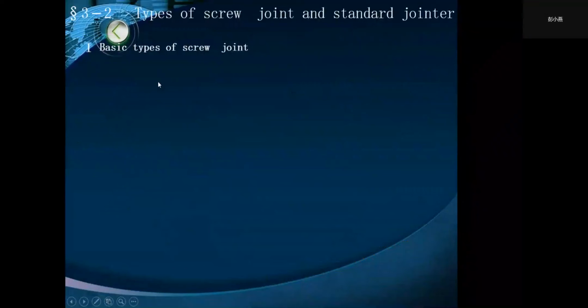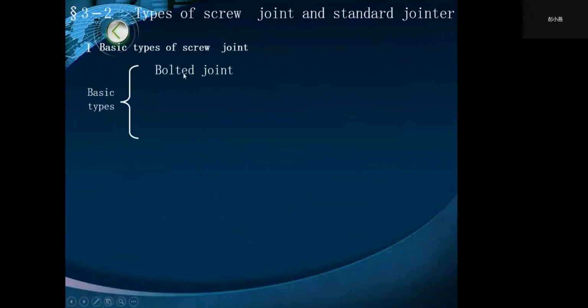Then there are the types of screw joint. Threaded fastenings are the basic assembly method in the design and construction of machines. Threaded fasteners join the machine external and internal threads together by the following typical methods.